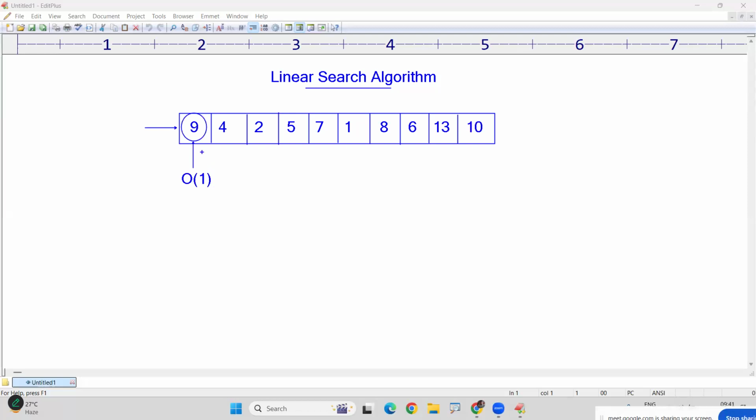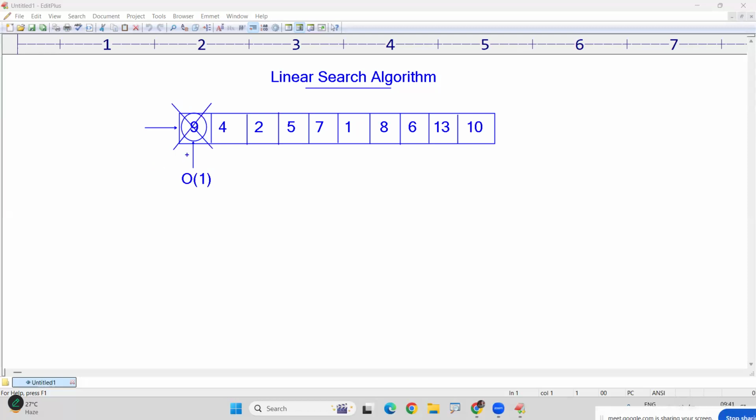But big O notation is not about finding that; it is about algorithm efficiency. Whenever you find the time complexity, we consider the best time, average time, and worst time. Three cases we need to consider.